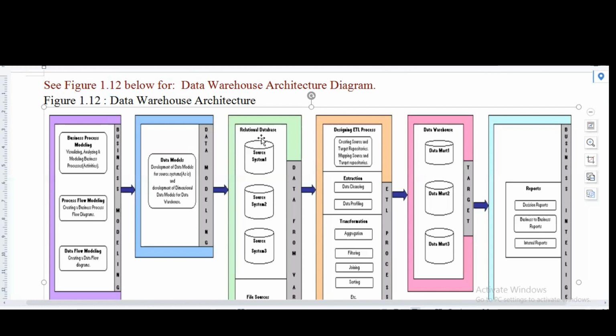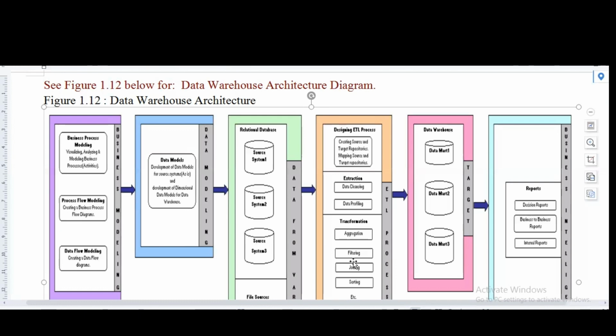Here it says some relational databases will be used as source systems, like ERP. Source systems 2 and 3 could be any Oracle ERP you are connecting, or in industry something like a time card system.